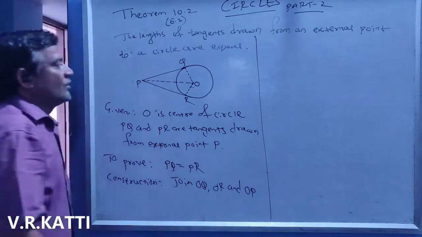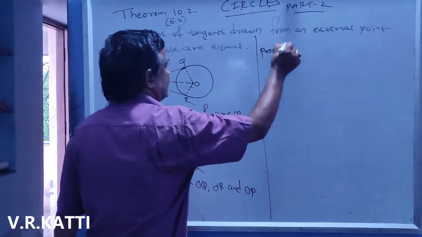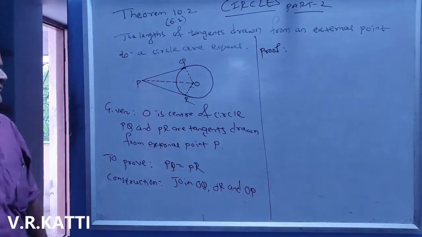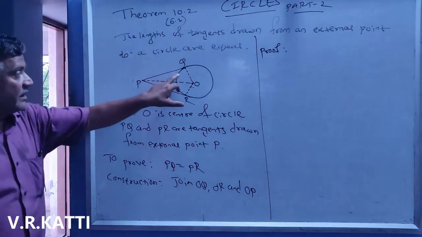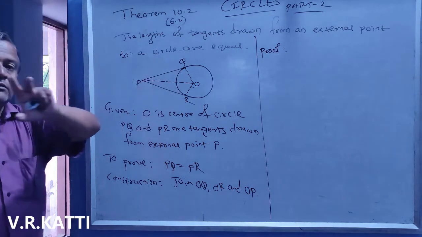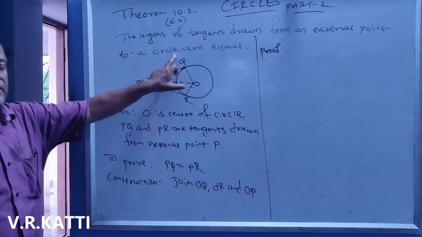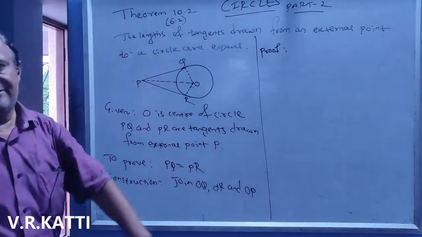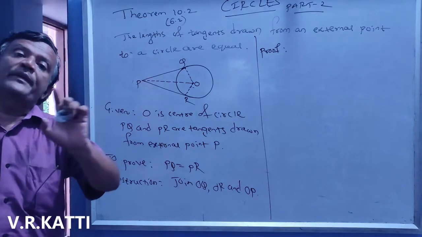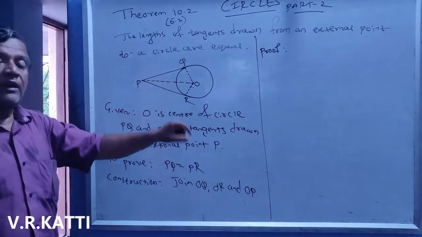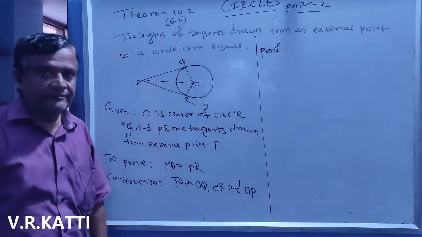Now, proof. Students, how to prove? Here two triangles are there: triangle POQ and triangle POR. Prove that these two triangles are congruent. You already studied congruency of triangles in the 9th standard.